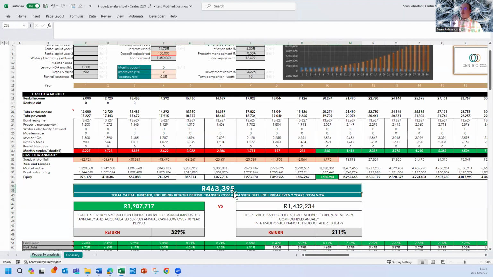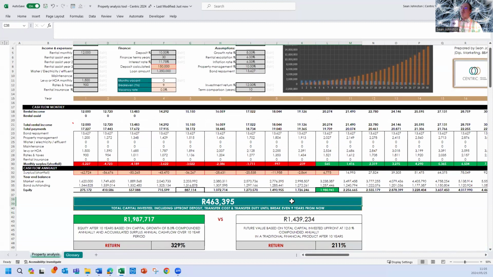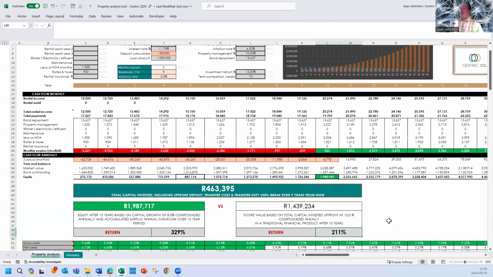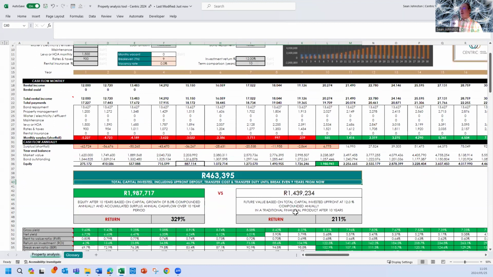So we're assuming, instead of taking this 150,000 and spreading out the costs over 10 years, we're just assuming you're taking 463,395 and you invested that as an opportunity cost into a fund, and you grew that 12% compounding for 10 years. The growth would be 211% on your 463,395 versus 329 on your leveraged component.